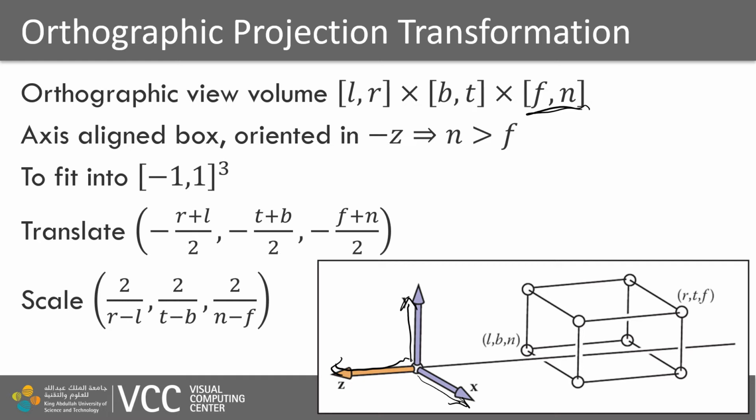So basically, so that we can perform this scaling, what we want to do is to take the center of this cube, move it to the origin, and then scale it so that this length, and this length, all of them will be of length 2, between -1 and 1.